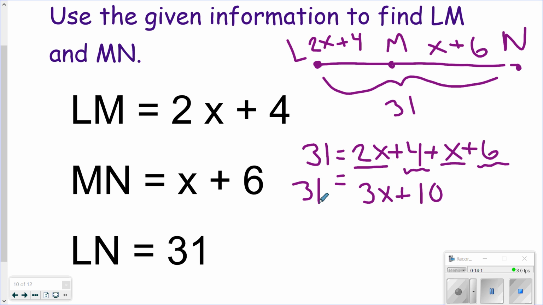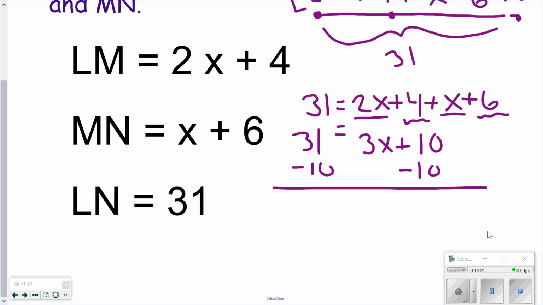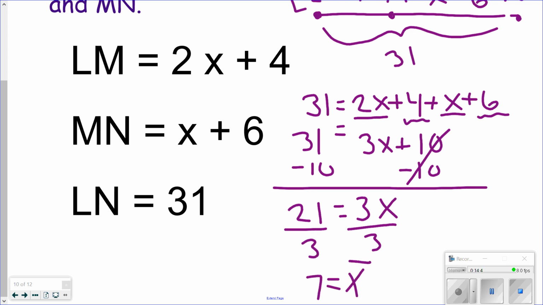First thing I need to do is subtract 10 from each side. Those cancel. End up getting 21 is equal to 3x. Divide by 3. Divide by 3, which means 7 is equal to x.